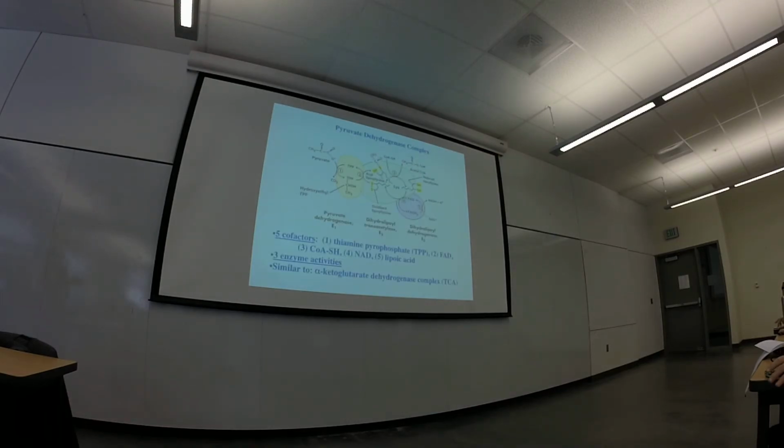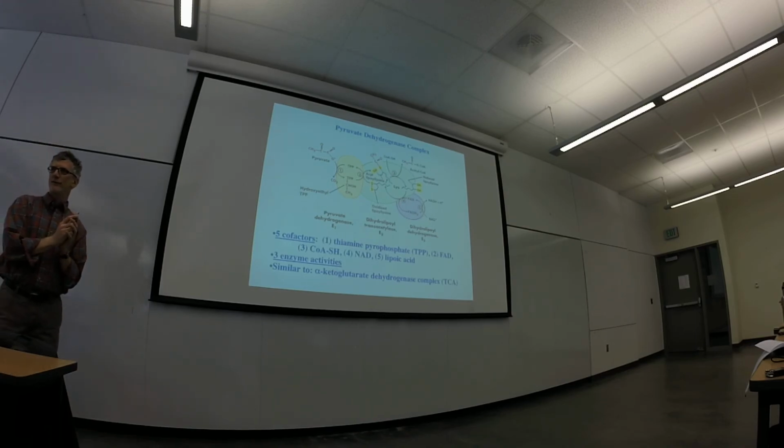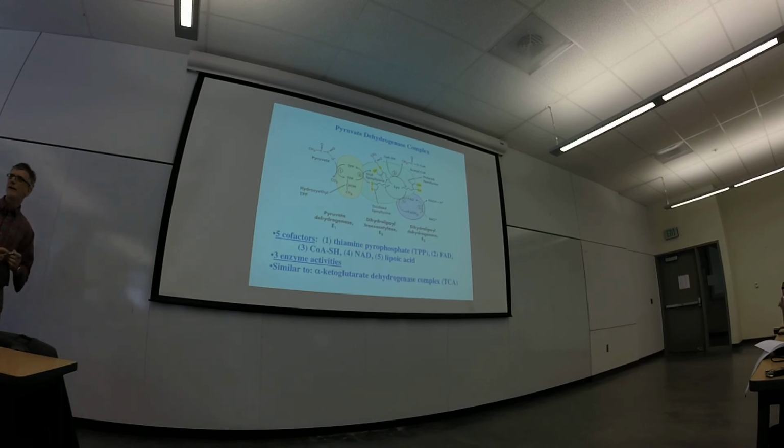The overall reaction on this enzyme, E1, E2, E3, is to move pyruvate through this enzyme, and it stays on the enzyme the whole time. So in that sense, we could say it's channeled. We'll come back to this and look at lipoic acid and figure out how these reactions work next.